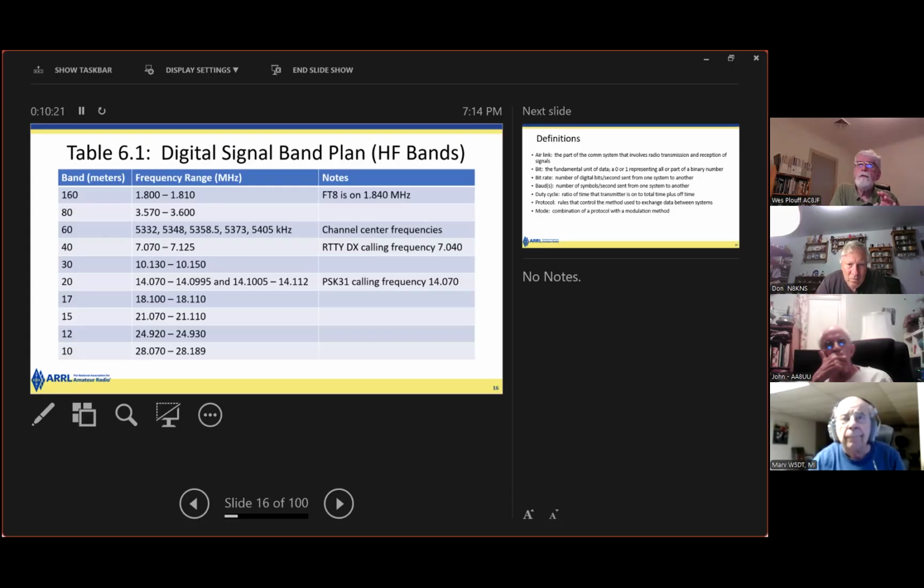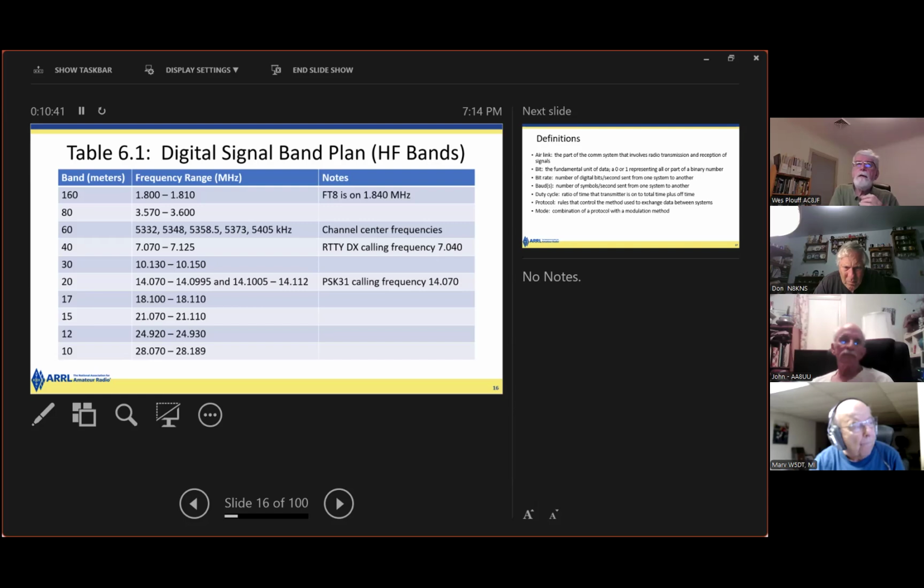So, for instance, on 80 meters, 3600 kilohertz is the start of the voice allocation, and the same at 7125 kilohertz. That's the start of the voice allocation on 40 meters, and so forth.